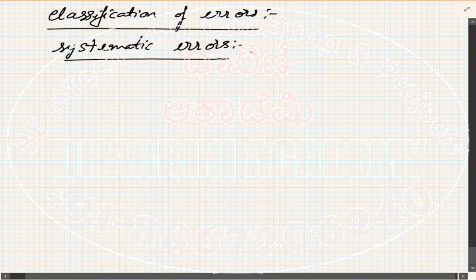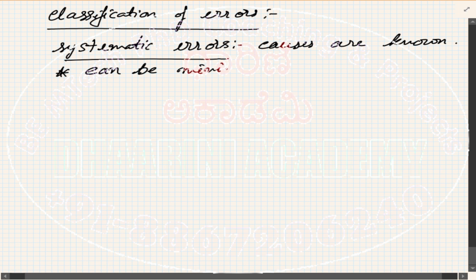We know what the reason is. Since you know the reason behind such an error, the major advantage here is that it can be minimized. Whatever error happens, you can try to reduce it.